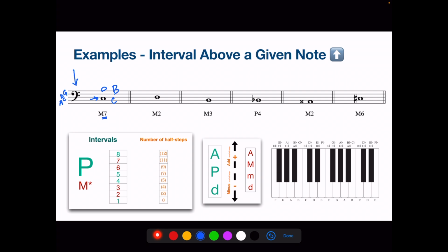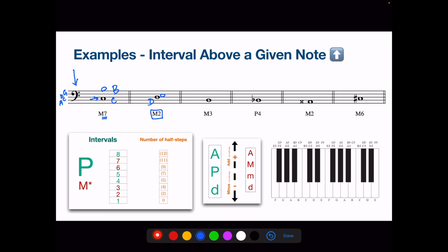Next we have a major second. That's what we want. And what we are given is the D note here. So from D, a second up is going to be what? D, E, 1, 2. So the next note is going to be E, and I'm just going to write it right here.